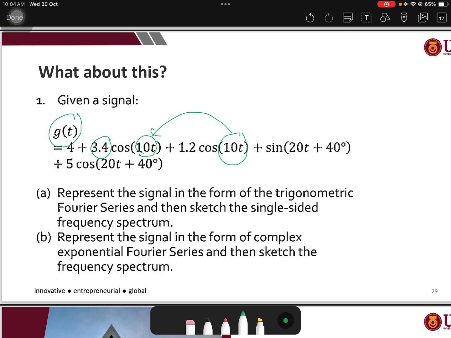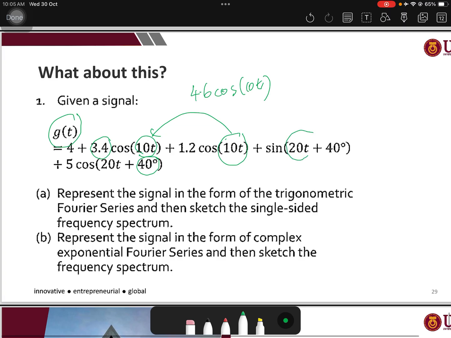Here they share the same frequency, so technically you can add 3.4 plus 1.2 to get 4.6 cos 10t. Then sin(20t + 40°) and 5 cos(20t + 40°). Here you share the same angular frequency and also the same angle. I hope you can solve this one.